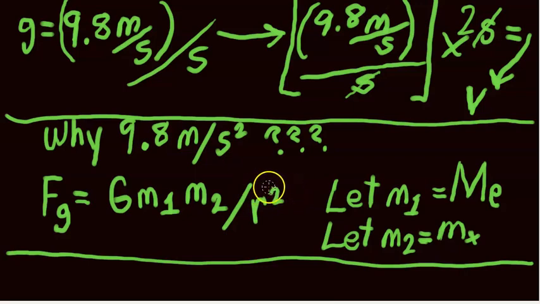For the sake of finding out where the derivation we finished looking at comes from, let's assume that M1 is the mass of the Earth, big M sub E, and let M2 equal m sub x. M2 could be, who knows, a baseball that's fallen, a monkey that's jumped out of a tree, anything.